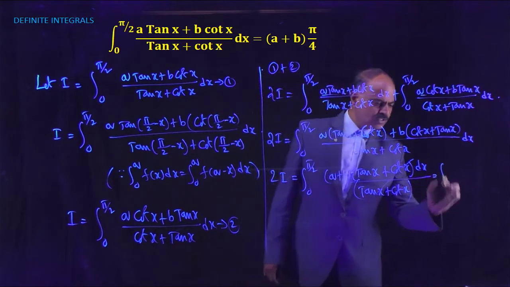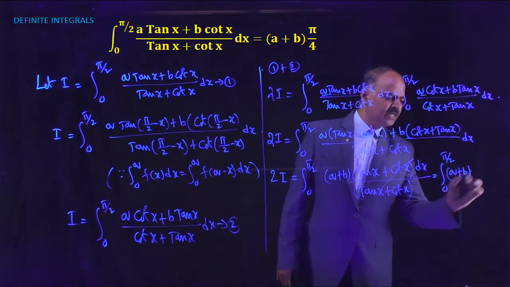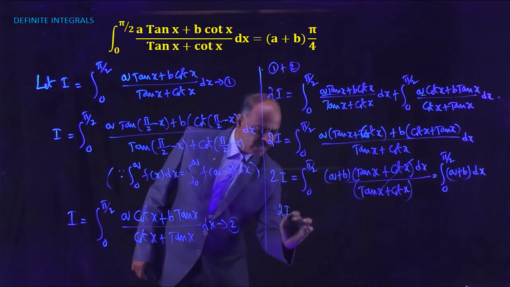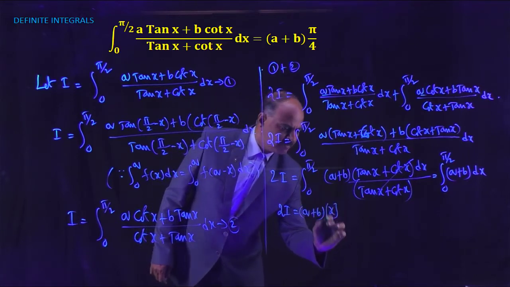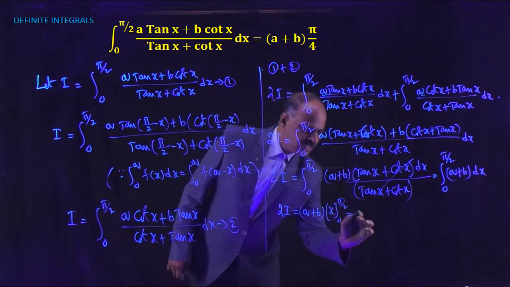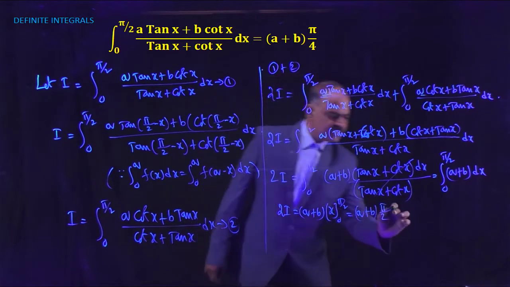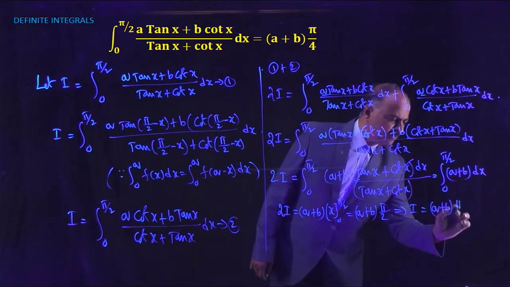Now this is equal to integral 0 to pi by 2 of (a plus b) dx. So 2I equals (a plus b) into integral dx, which is x with limits 0 to pi by 2, equal to (a plus b) into pi by 2. So this implies I is equal to (a plus b) into pi by 4.